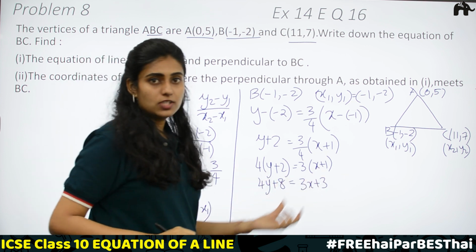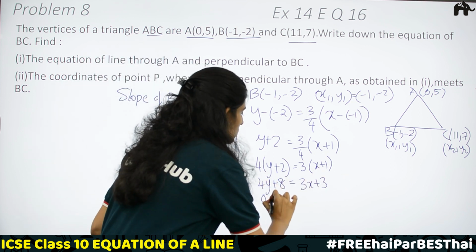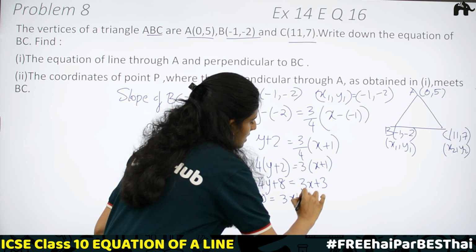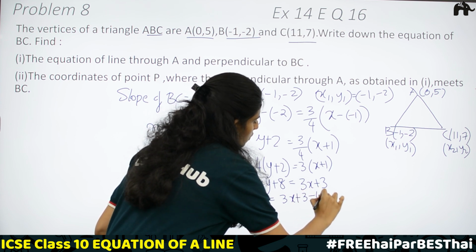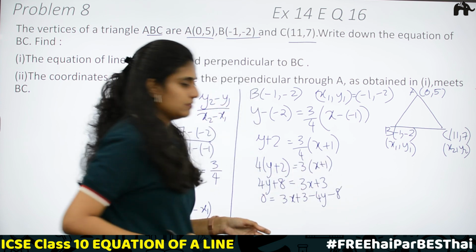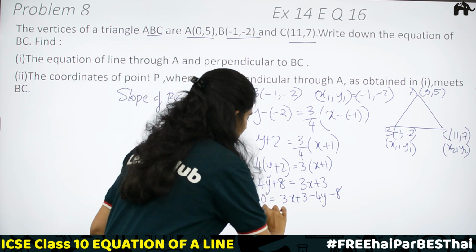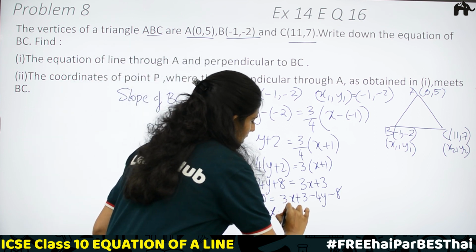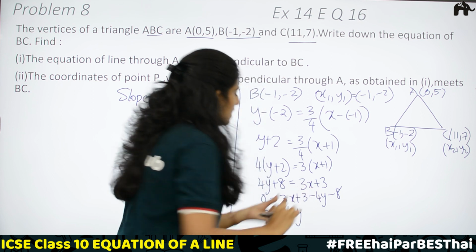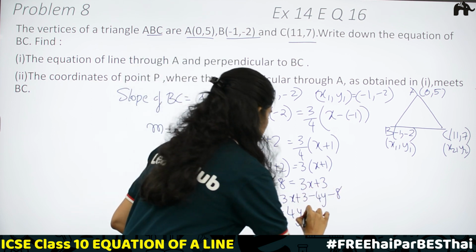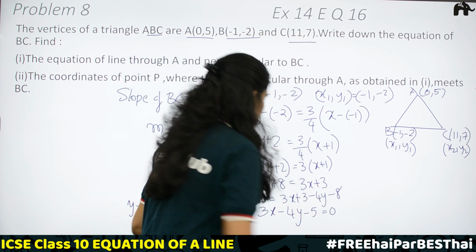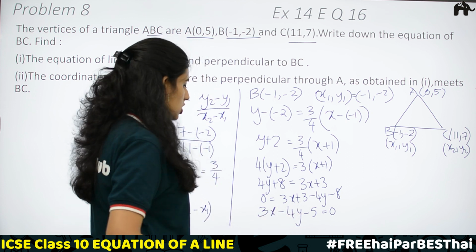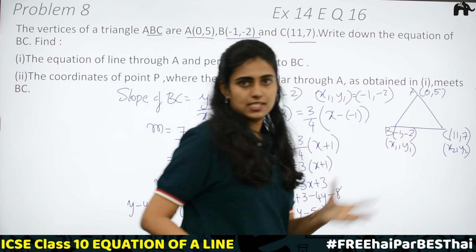Taking all the terms to the right hand side, 0 is equal to 3x plus 3 minus 4y minus 8. That is, we have the equation 3x minus 4y, 3 minus 8 is minus 5, minus 5 is equal to 0. So, this is the equation of line BC.